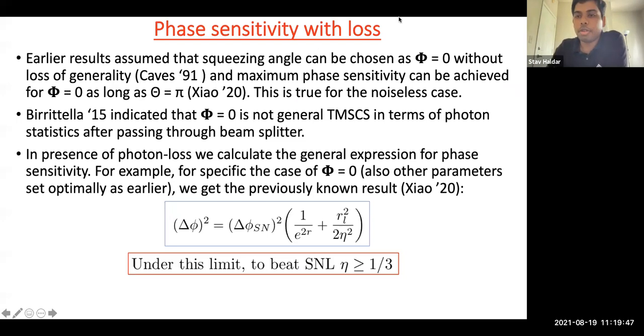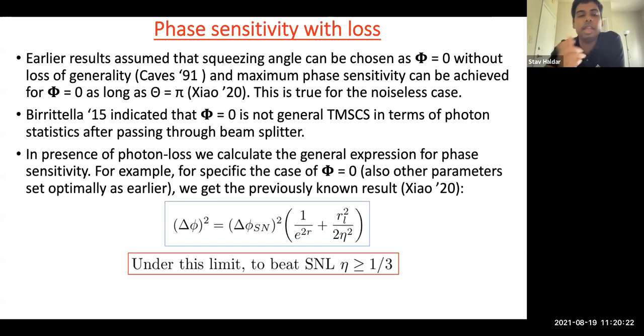Now, if you added some loss, which is this eta parameter that we had in the target arm, then things are slightly different. So Caves, when he initially proposed the use of these two-mode squeezed states for various applications in interferometry, assumed that setting the squeezing angle phi to 0 can be done without any loss of generality.